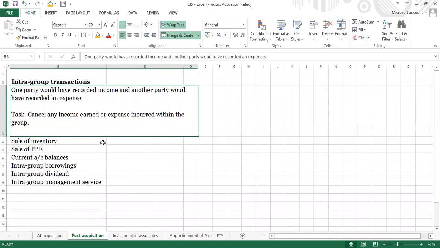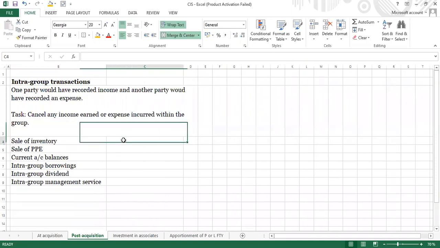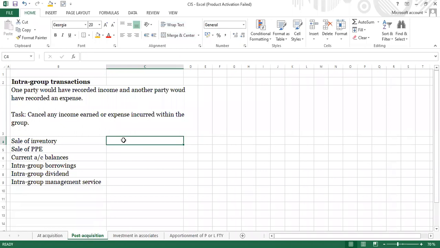The first scenario is sale of inventory. How do you deal with sale of inventory? That means the parent has sold to the subsidiary an inventory, or the subsidiary has sold to the parent an inventory. How do you deal with such?